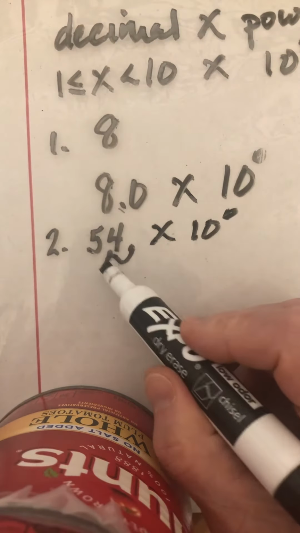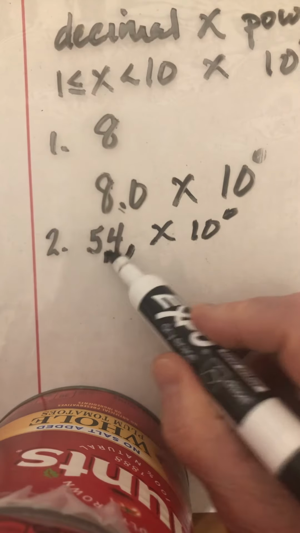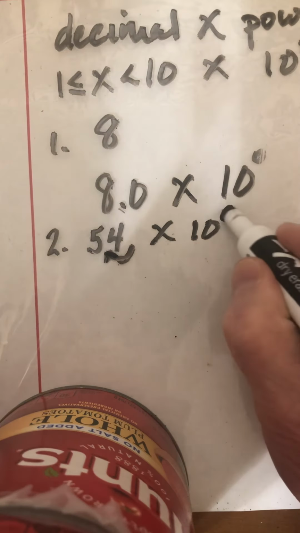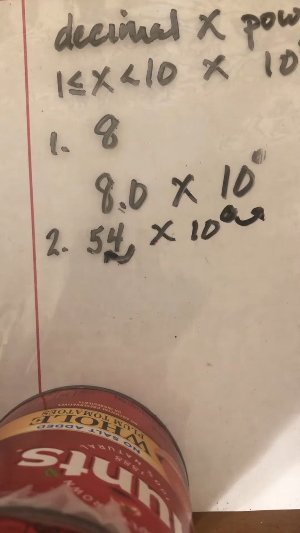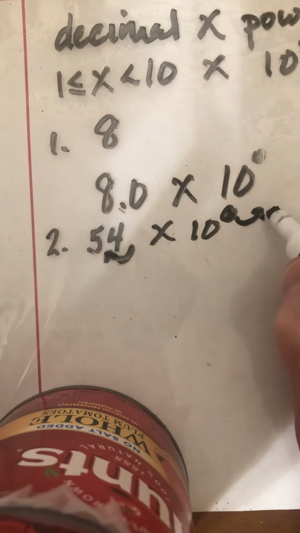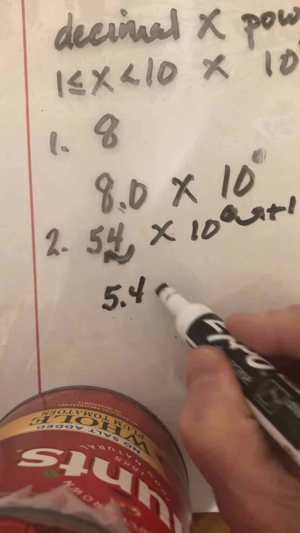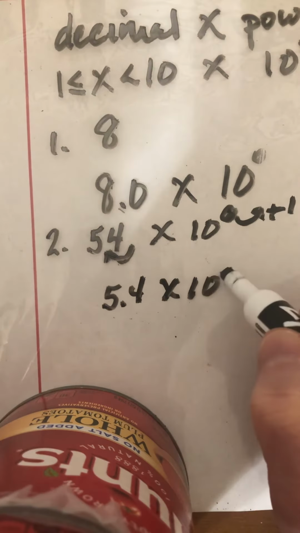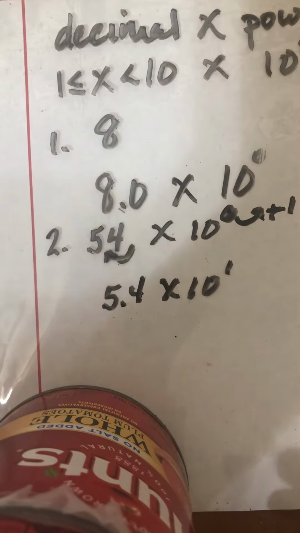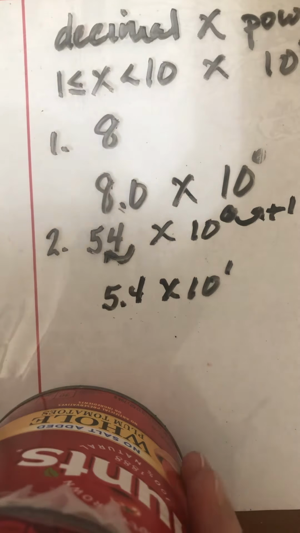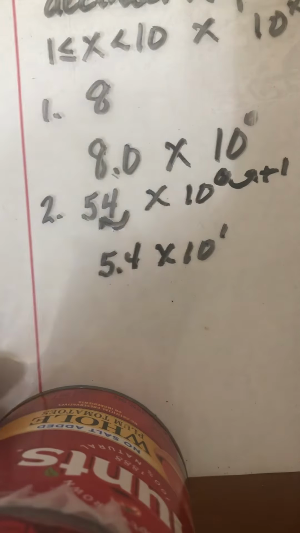If I move the decimal point 1 space left, then I have to move the exponent up 1, so that would be plus 1, which gives me 5.4 times 10 to the first power. Any questions on that one? If you have questions, you can send me an email.